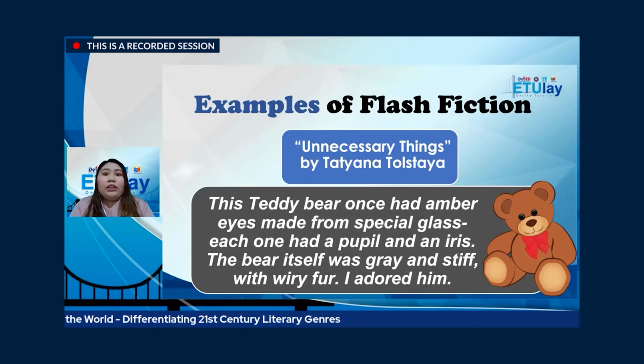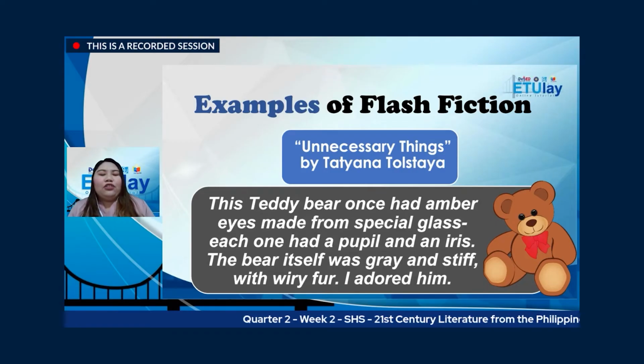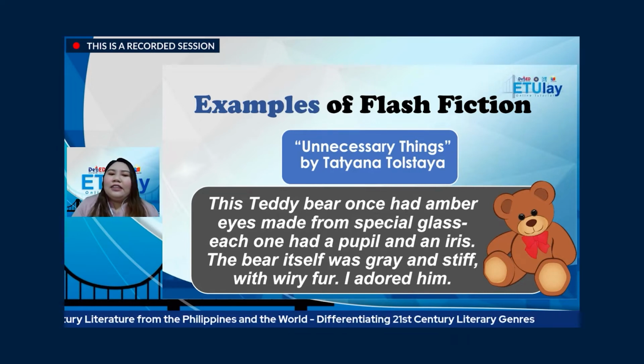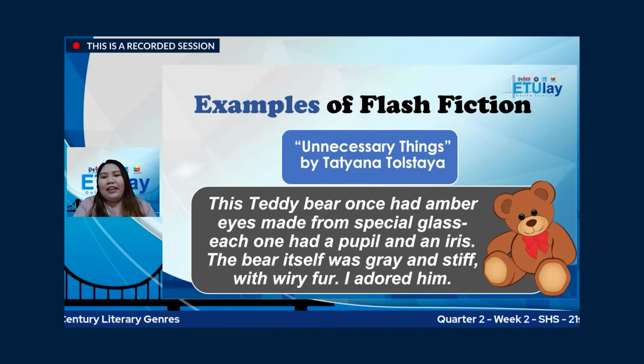That no matter what it looks like, the teddy bear is the friend. It's special in the heart of the writer or the kid. But as we age, we see that as an item that we once loved or adored, but at present, not anymore. Hence, it's considered as an unnecessary thing already. So that's just, again, an excerpt of the piece by Tolstaya.